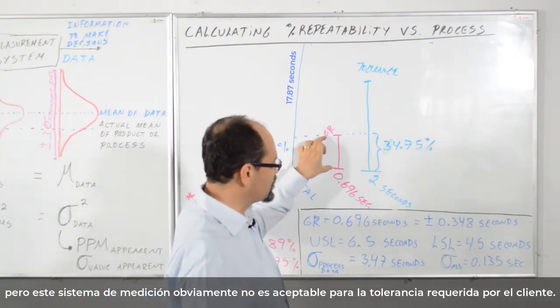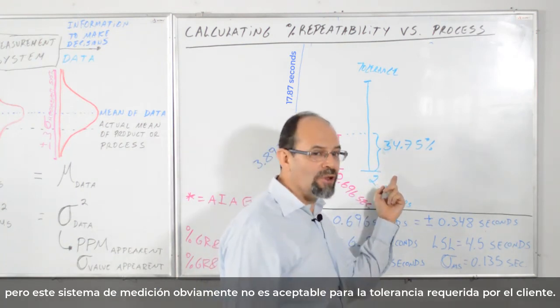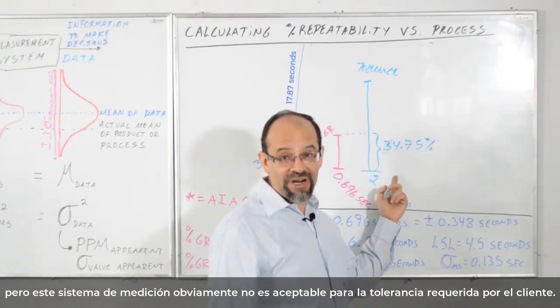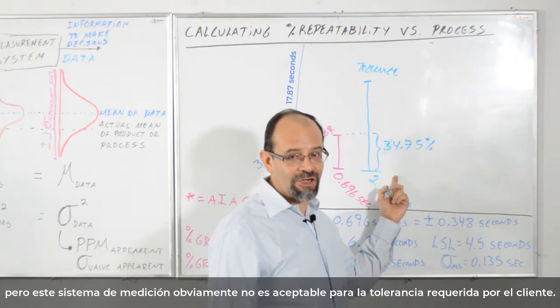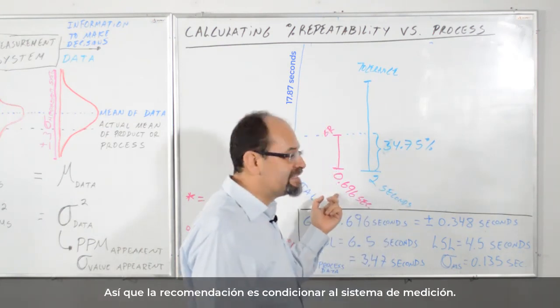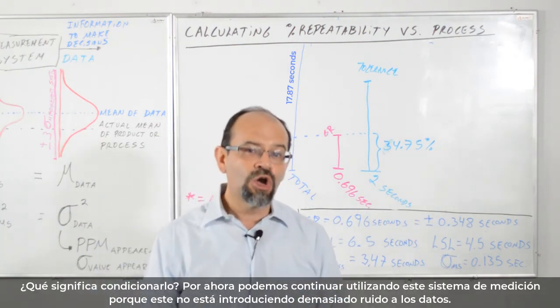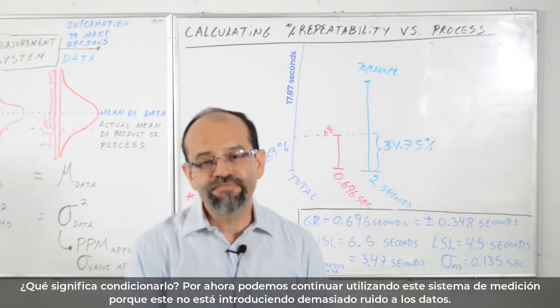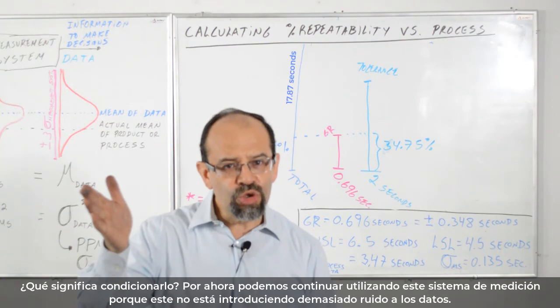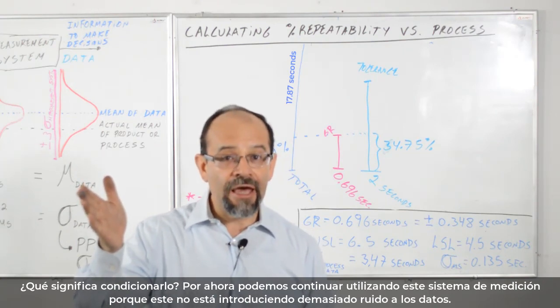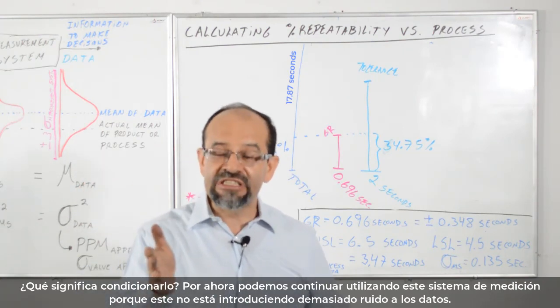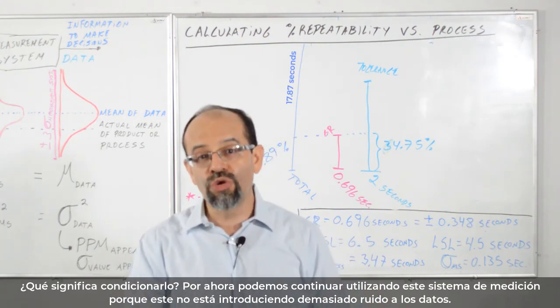But of course, this measurement system is not acceptable for the tolerance that is requested by the customer. So the recommendation is that the measurement system is conditioned. What does conditioned mean? You can continue using this measurement system right now, because it is not introducing noise to your data.